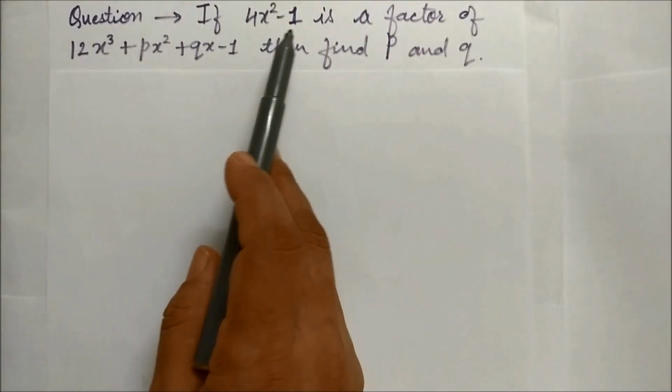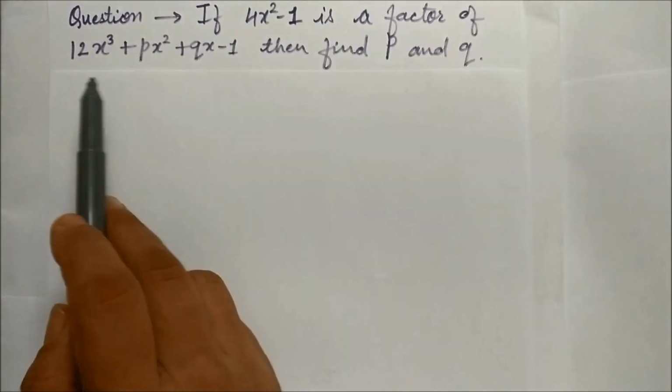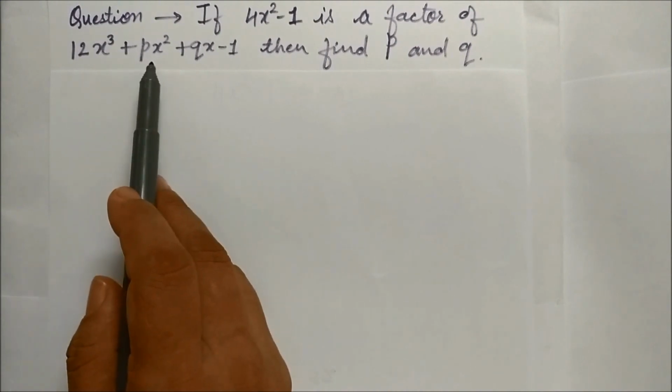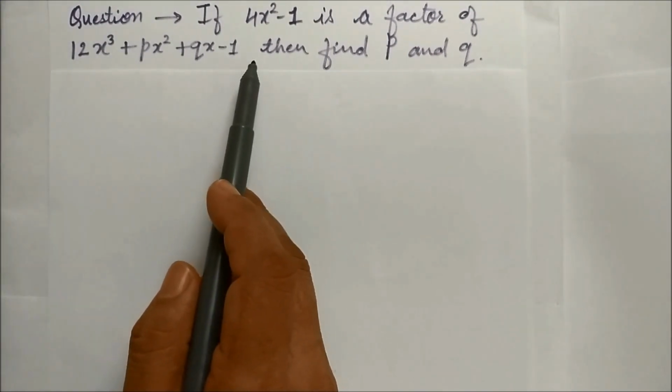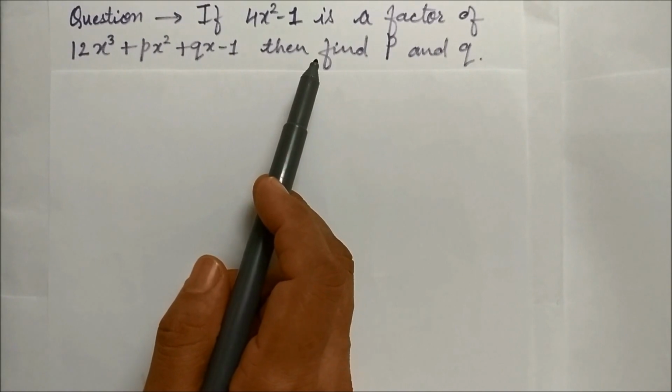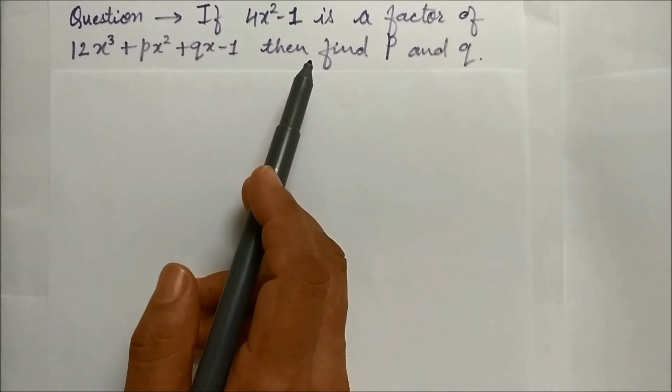If 4x square minus 1 is a factor of 12x cube plus px square plus qx minus 1, then find the value of p and q.